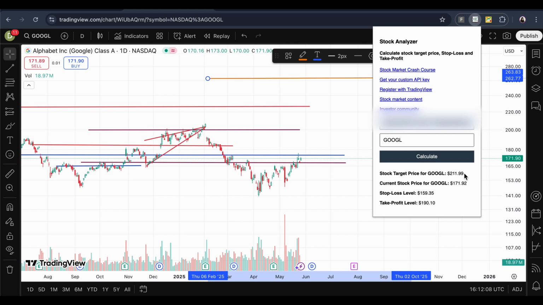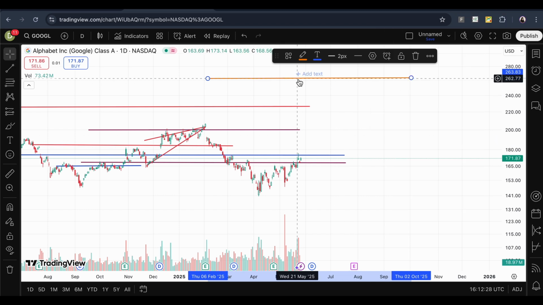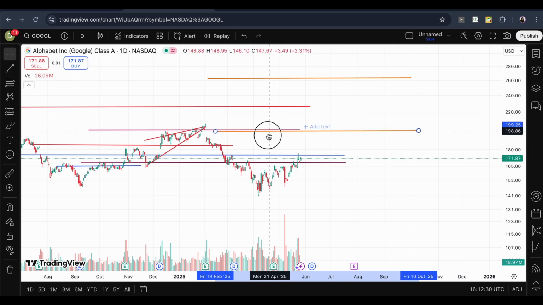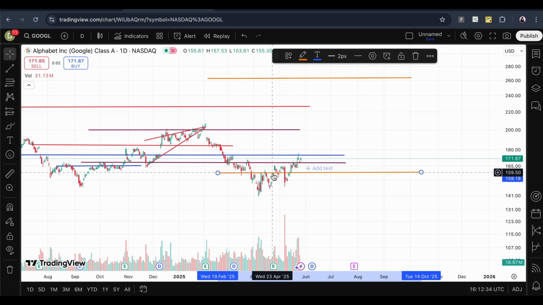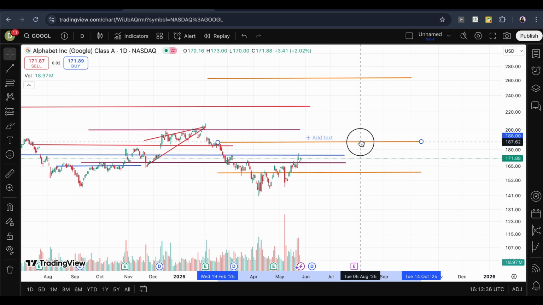So we can also put it here, but we are not here for this target price because we calculated using our custom DCF model with our custom assumptions. We are here for these stop loss and take profit levels. So stop loss is 159, and take profit is 190. 159 and somewhere here.